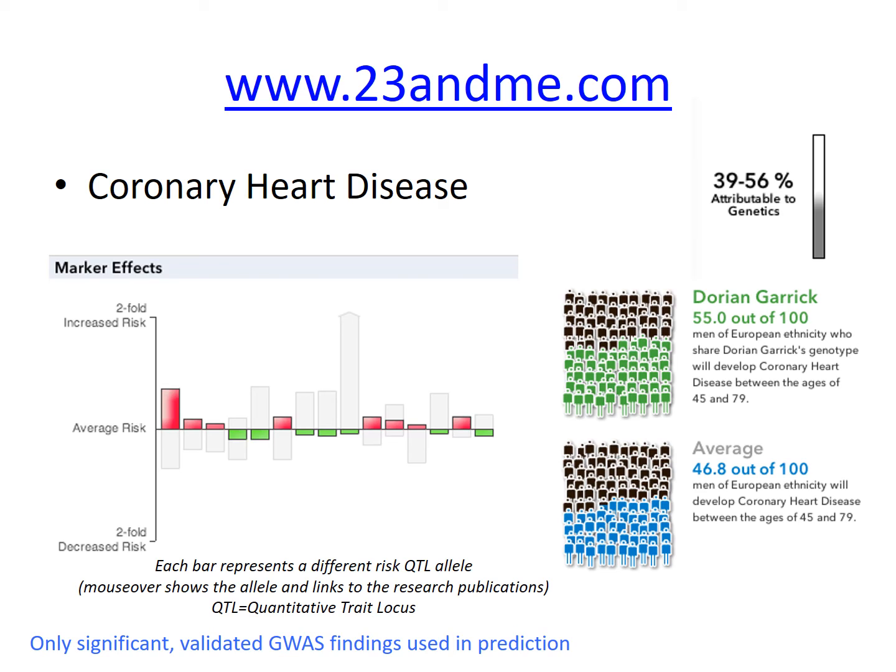We are likely to get it with a probability of 55%, or 55 of us out of 100. And they have come up with that number by adding up the positive values and the negative values of all the variants that have been shown to be associated with coronary heart disease.